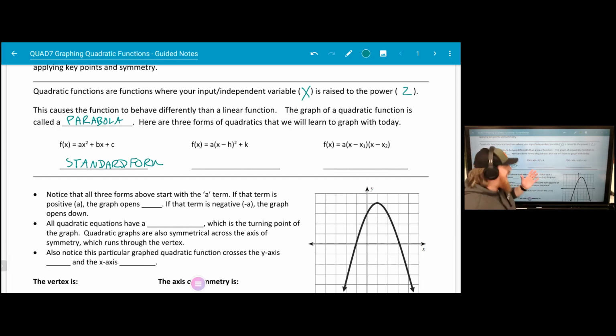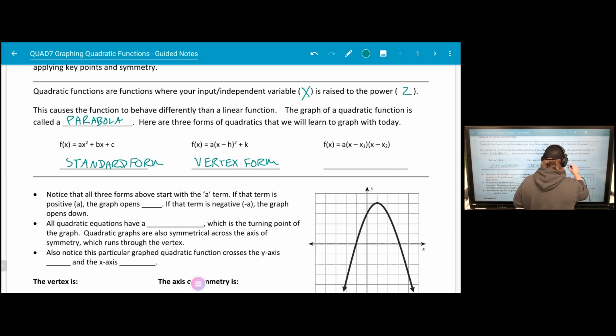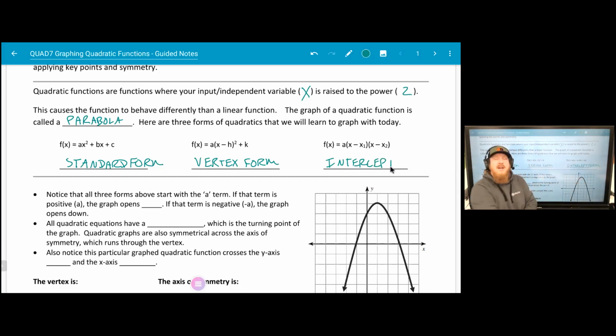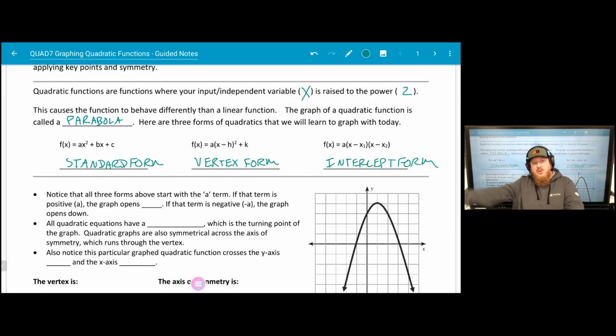We called this one, and I like this one, vertex form, because we're going to get that vertex directly. We'll see that here shortly. And the last way that we do this is what we call intercept form, because we have a couple x-intercepts.